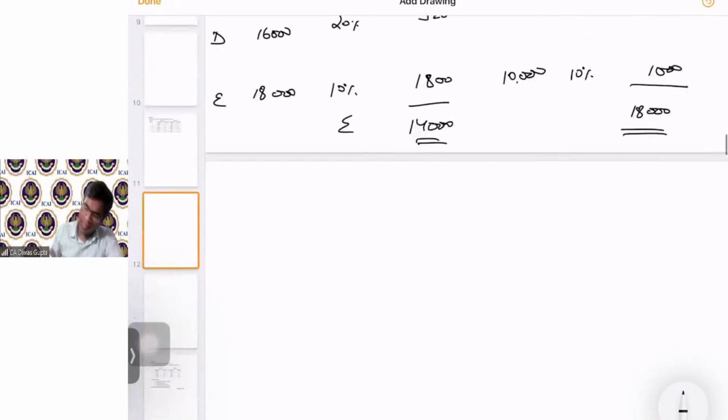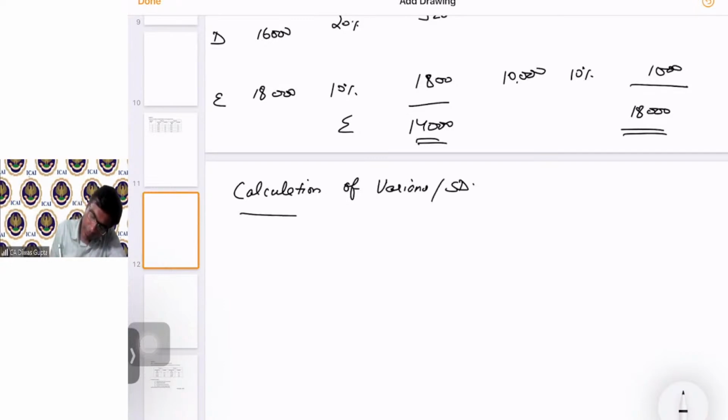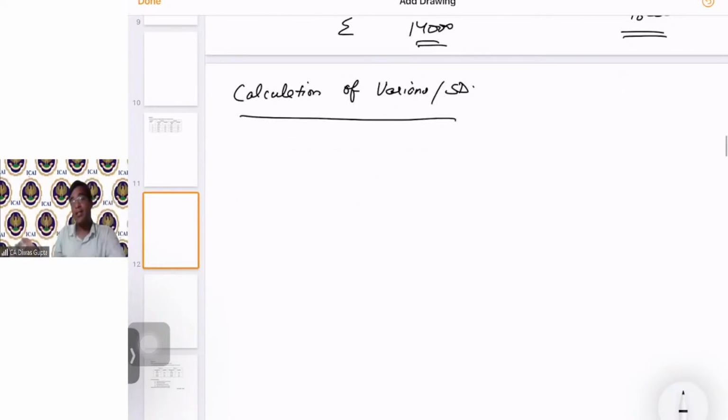Then similarly, calculation of variance and standard deviation both, correct? Because first for calculating standard deviation, we have to calculate variance.